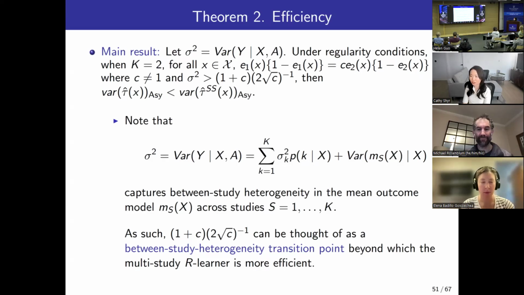Yeah, thank you for that question, Michael. In this case, we were looking at a two-study setting for this analytical result. It does require a pretty specific constraint, where the randomization ratios, or probabilities of treatment assignment, have to be different in this specific way.